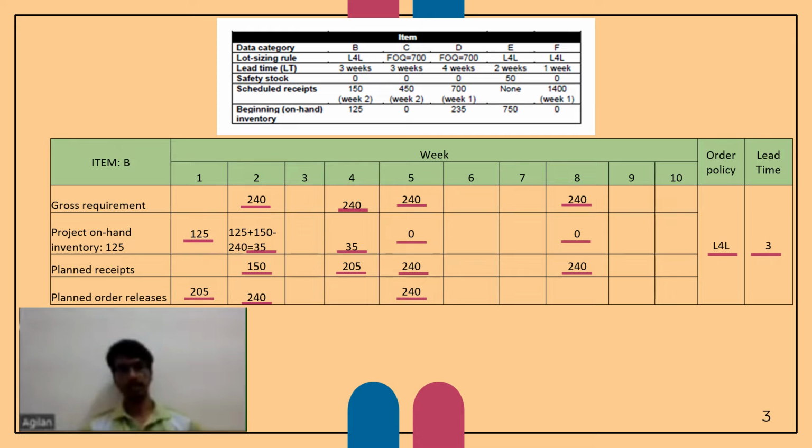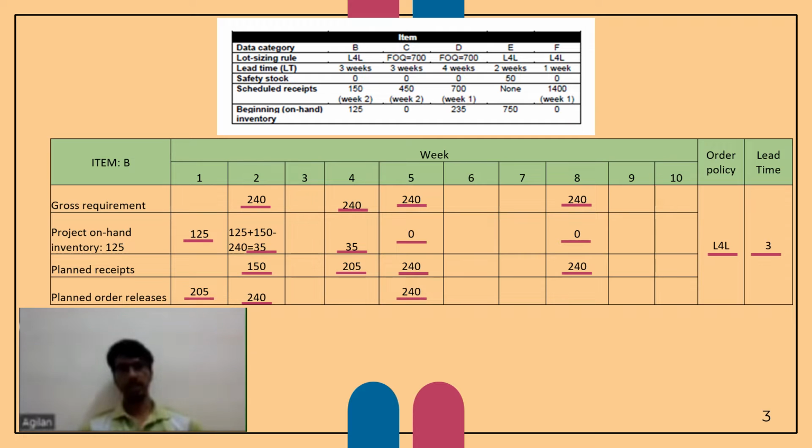And then week 5, there is production, with 240 gross requirement. And then here is 0, so no production held here. So 0 plus 240, we will get 240, and then here will be 240. Then weeks 6 and 7, there will be no production at all, it's 0.